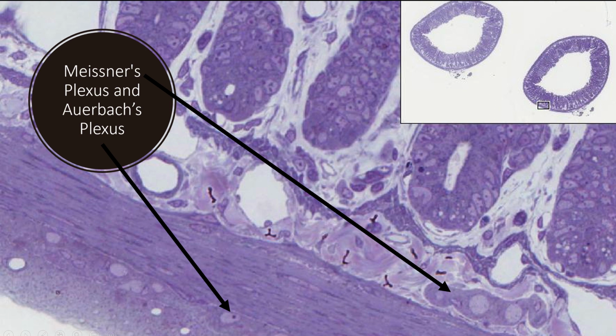We just went over that. The Meissner's corpuscle is in the skin, Meissner's plexus in the small intestine. Meissner is just a scientist that discovered a lot of different things having to do with nerves, so he has a lot of things named after him. But this is the Meissner's plexus, and then this is going to be the Auerbach's plexus down here. Okay, Auerbach's plexus down here. And we'll learn more about these whenever we go over the digestive system.